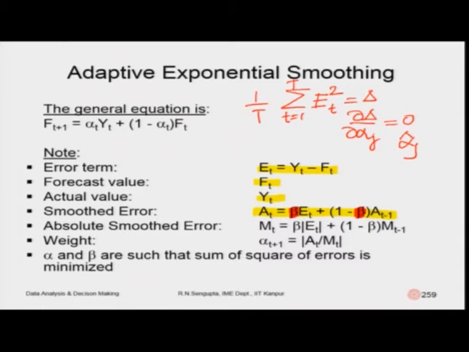And the absolute smoothing error would basically be the values of the smooth error which you have, that would basically be added or subtracted depending on how you are trying to proceed to find out the error.